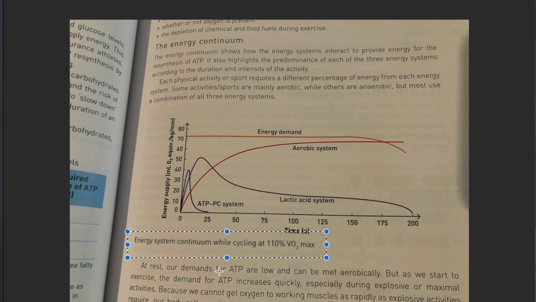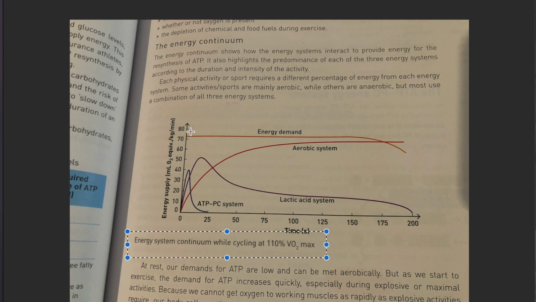So this athlete has gone for a run, a swim, a cycle, whatever it might be, at a very, very high intensity. They're actually working at 110% of the maximum amount of oxygen that their body can bring in and use. So they are working above what their body's capacity is able to withstand.